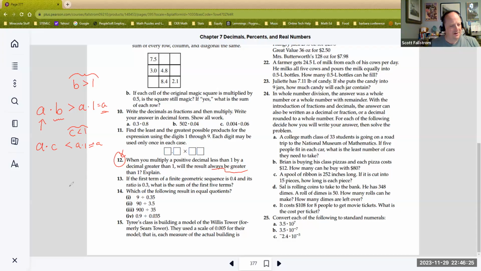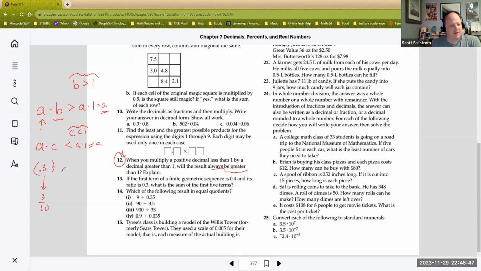So we're trying to think about the number 1 itself. So if we had a fraction, we can think of these decimals as fractions. That's what they really are. And let's say that we had 0.3 as a fraction number, right? Now just think in your mind, that would be 3/10. Could you multiply by a decimal greater than 1?